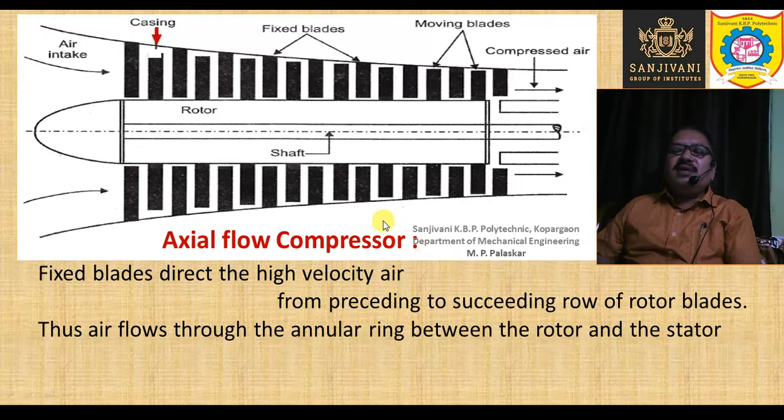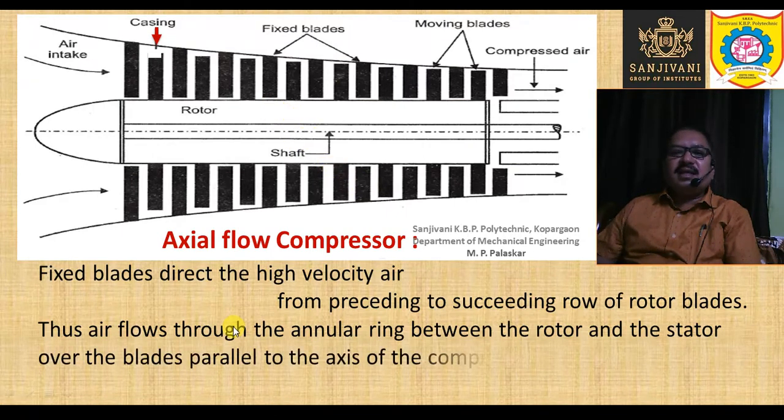So there is an annular ring between the rotor and the casing, and air is flowing in this annular ring in between the fixed blades and the moving blades, and air is flowing over the blades parallel to the axis of the compressor. As I have told you, air is flowing over the fixed and moving blades, and it is flowing parallel to the axis of the compressor in the right direction.